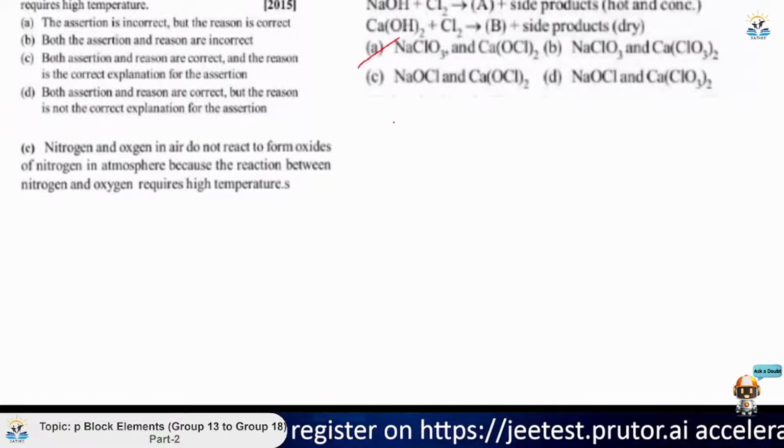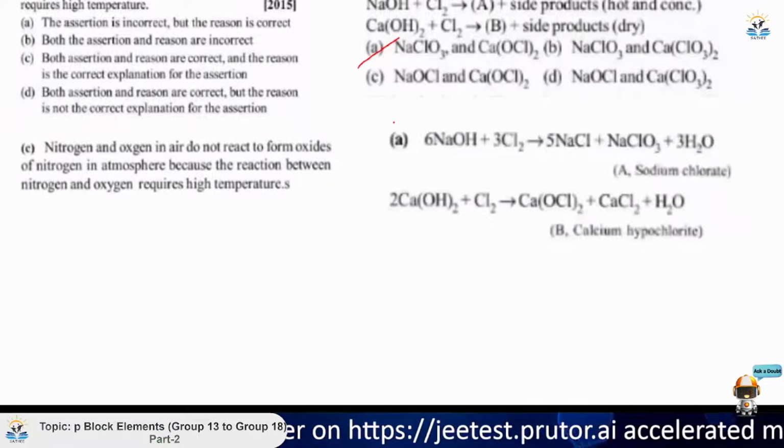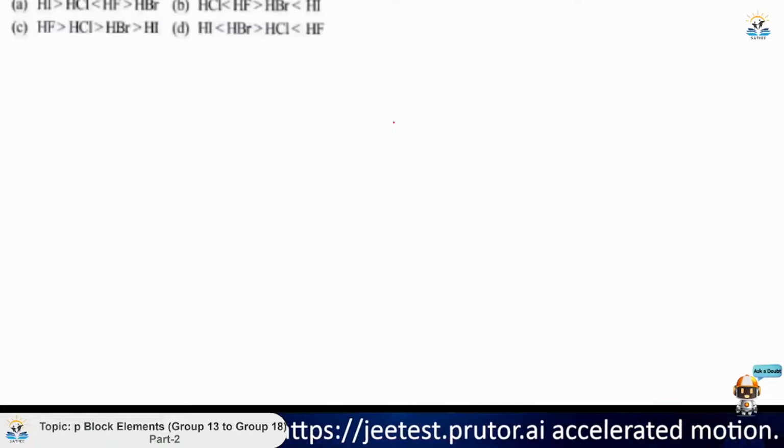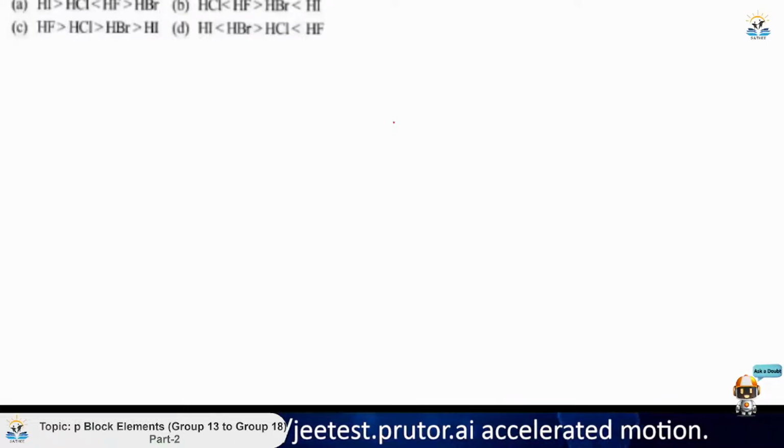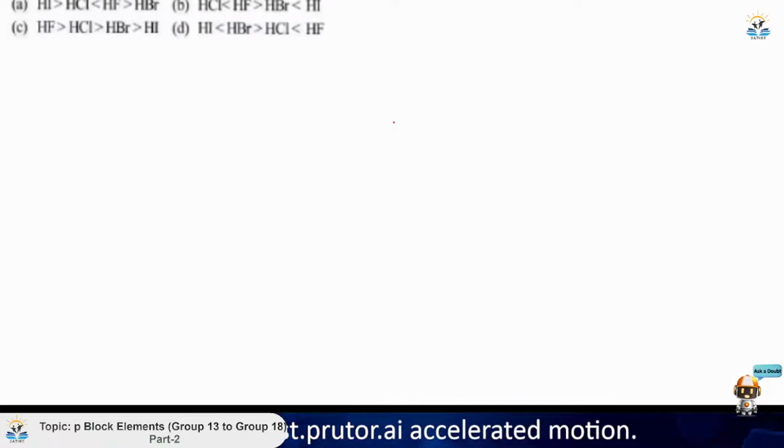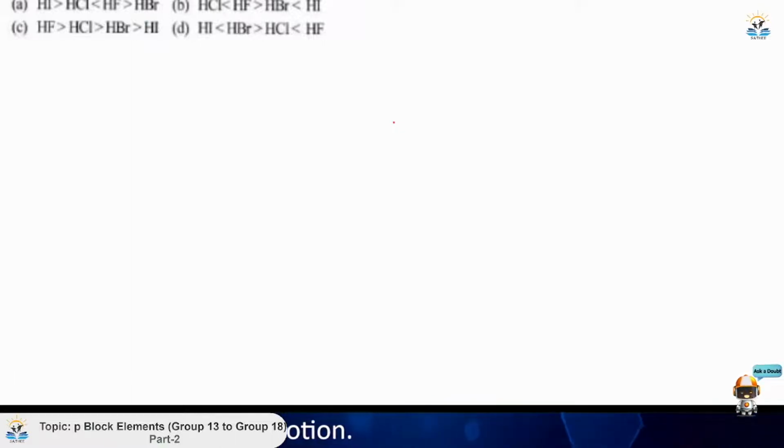That's this. And that's the thing. Now, again, the correct order of thermal stability that we talk about over here. And we know for halides, the bond strength decreases as we go down. As the bond strength decreases, you can easily tell that the bond becomes more easily breakable, and that is why we know HI has a high acidic property.